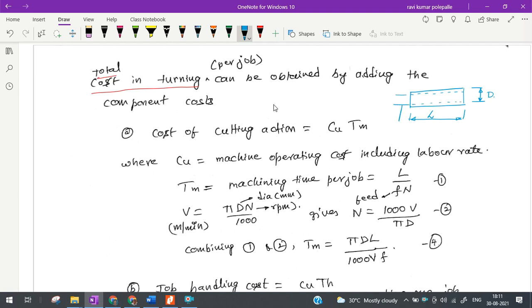So the diameter here is small d. In carrying out this operation, let us see how the cost can be calculated.